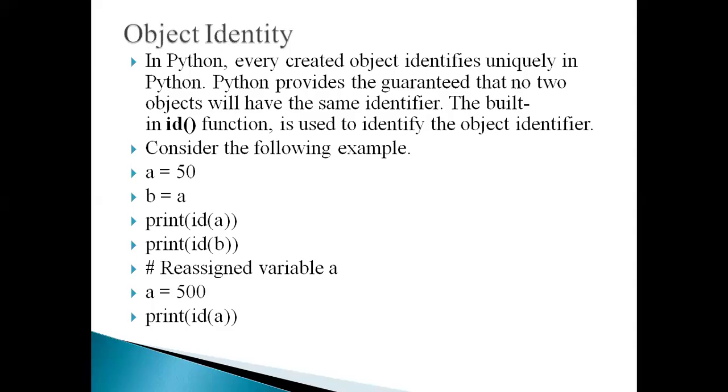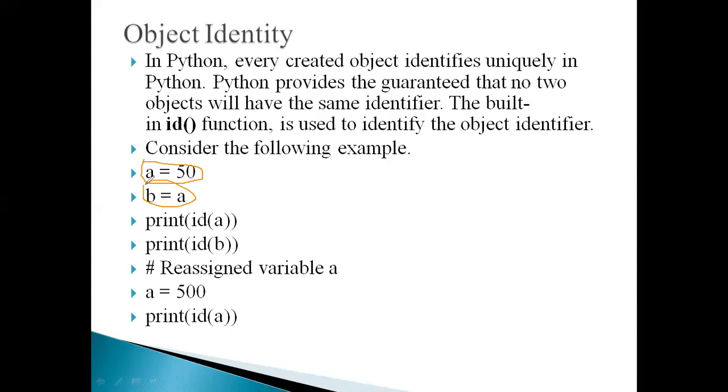Second is the object identifier. Suppose a equal to 50, which means we store a value there. b equal to 1 means you can transfer the value.